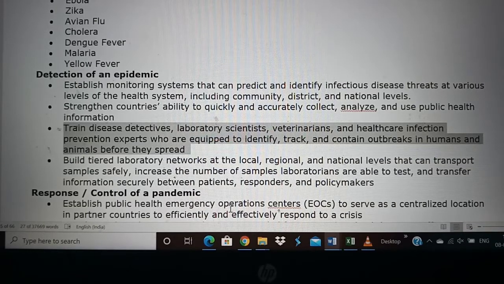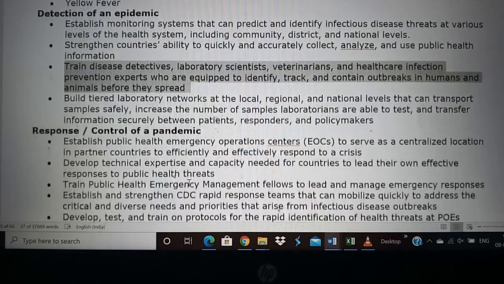Lab scientists have to be trained to identify new viruses and bacteria. Veterinarians, because animals are a source of lot of viruses and bacteria, so veterinarians have to be involved in identifying new bacteria or virus which can spread to humans. And then if any of these viruses or bacteria are identified, they have to be tracked and then identified, and the outbreak should be contained as early as possible.